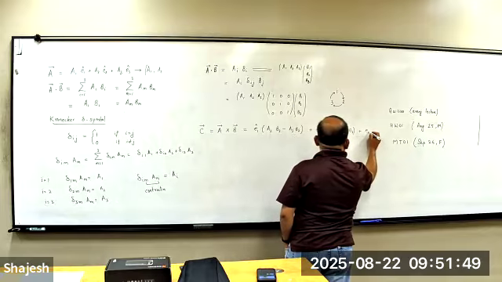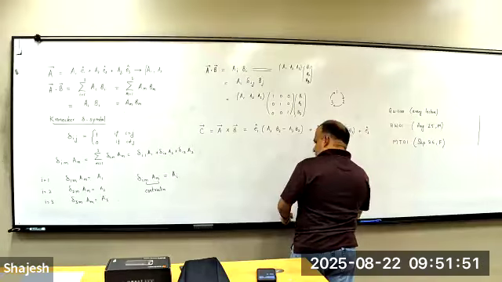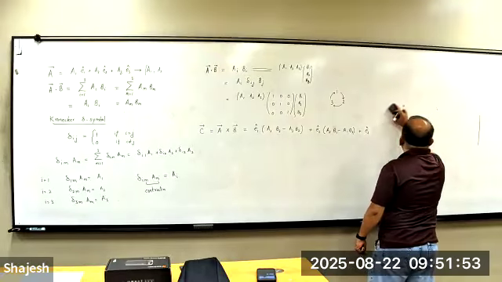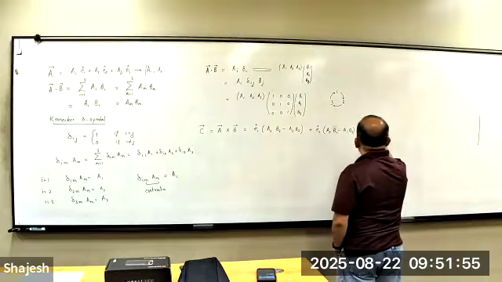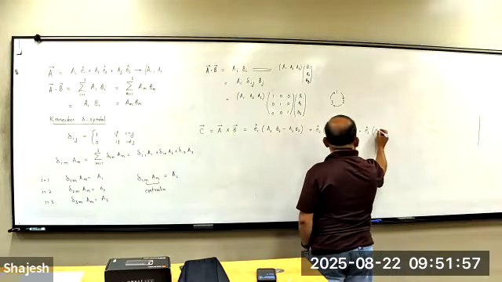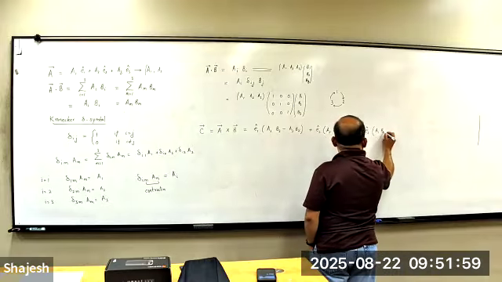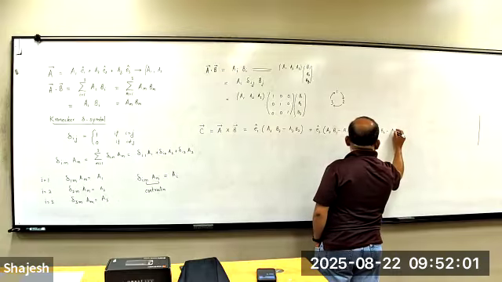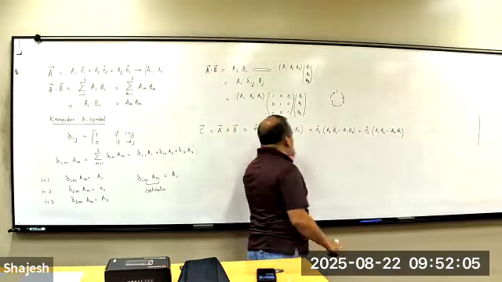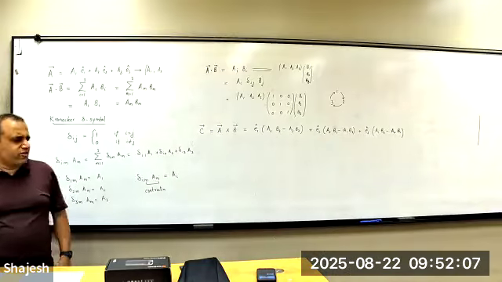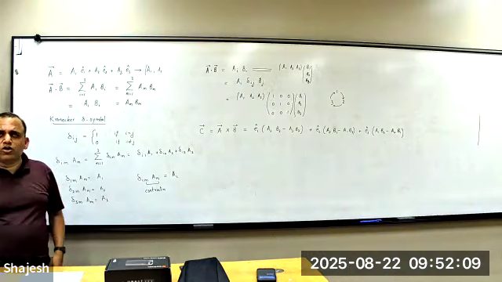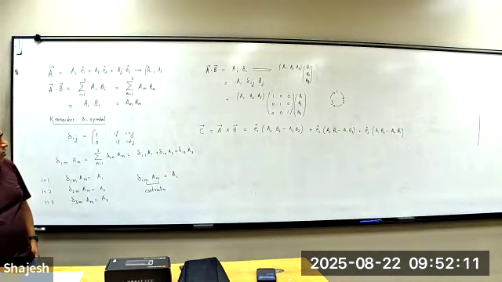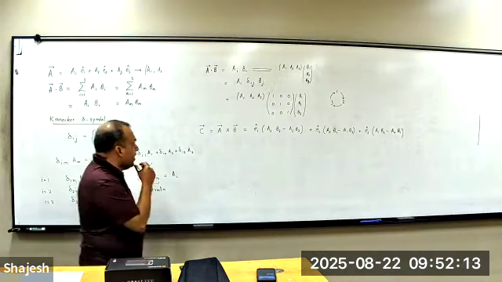And the next component is e3. After 3 is 1, so it is A1 B2 minus A2 B1. Which you probably have, this is cross product. You already know how to write this. That's just a way of writing.